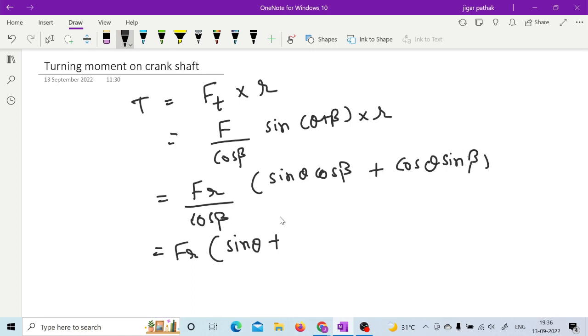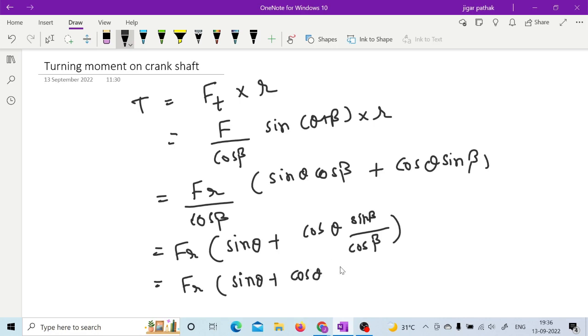So this cos beta will cancel out, and here you will have this cos theta into this sin beta and divided by cos beta. Now as you have seen earlier, the sin beta can be written as sin theta by n.